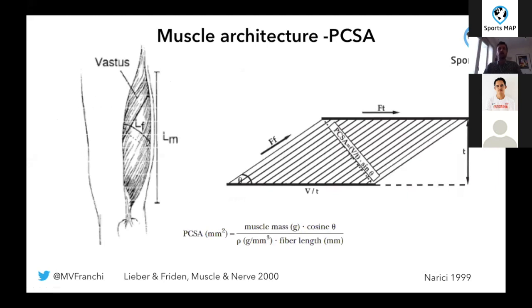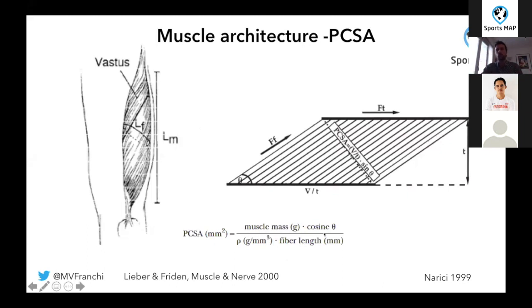When we talk about architecture, we also talk about physiological cross-sectional area. Anatomical cross-sectional area would be the result of cutting a muscle perpendicular to the axis of the muscle. Physiological cross-sectional area is instead defined as the cross-section that cuts all the fibers at a right angle.